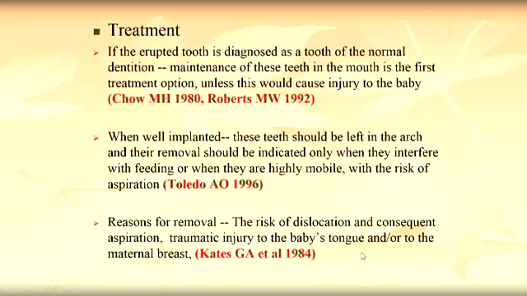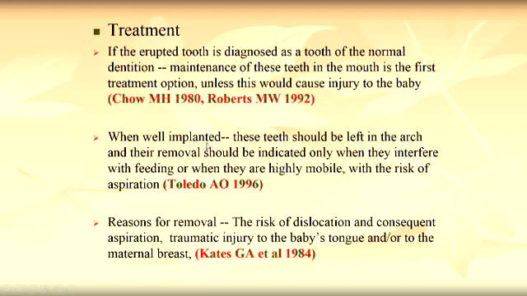Treatment: if the erupted tooth is diagnosed as a tooth of the normal dentition, maintenance of these teeth in the mouth is the first treatment option unless this would cause injury to the baby.